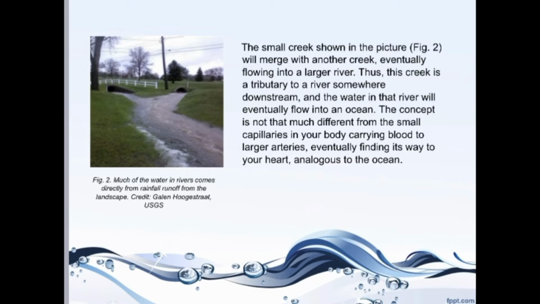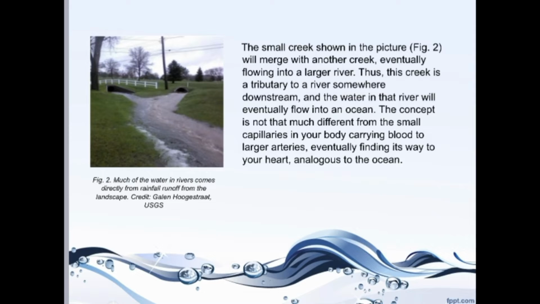Next picture. Much of the water in rivers comes directly from rainfall runoff from the landscape. The small creek shown in the figure will merge with another creek, eventually flowing into a larger river.